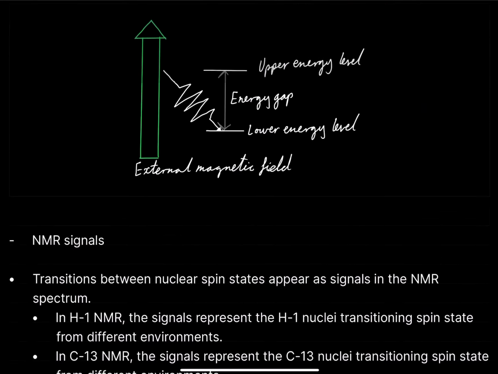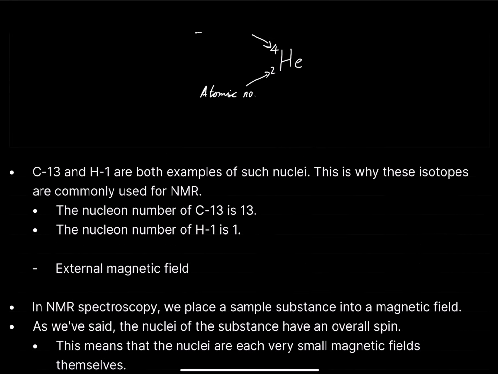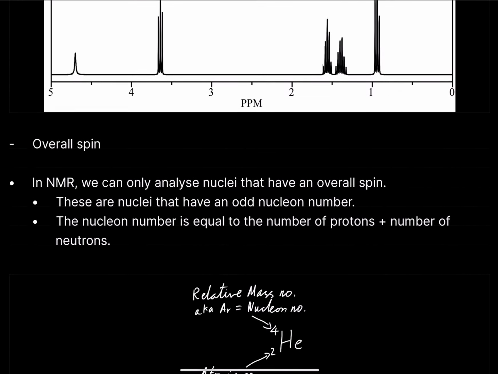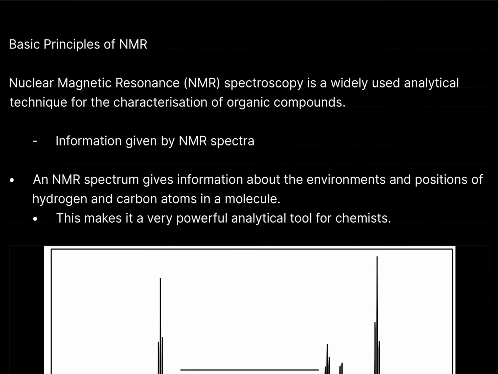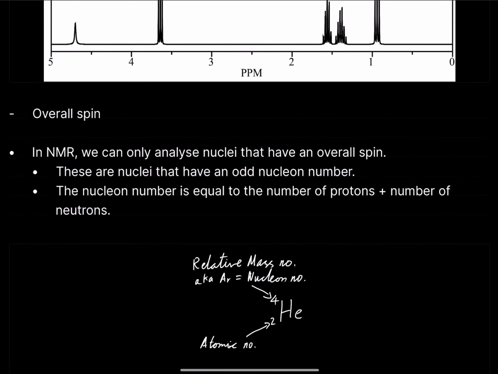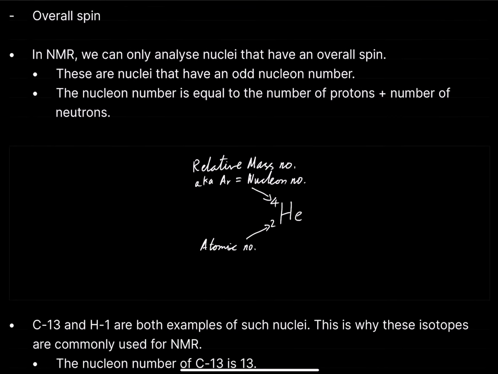So I made it very clear that in hydrogen 1 NMR you need to have an overall spin. You need to have an odd nucleon number to have an overall spin. Why is that? Because when you have an even nucleon number, there's no overall spin.